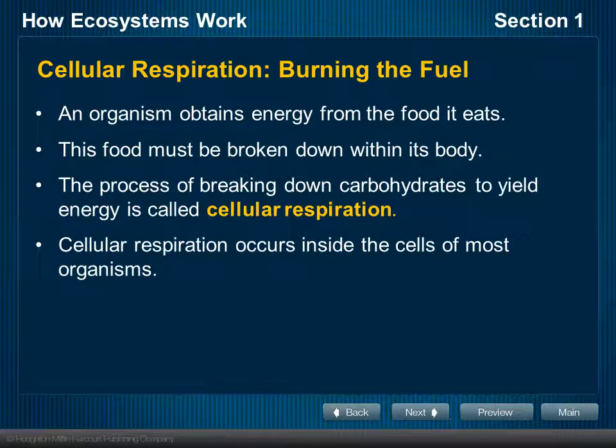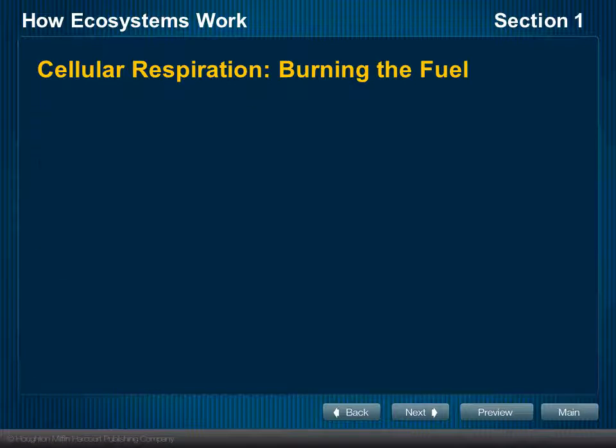Cellular respiration occurs inside the cells of most organisms. So now we're talking about most organisms in a typical ecosystem. They're all going out and eating, or making food. They're getting food one way or the other for a particular purpose, and that purpose is to break that food down to get the energy that the cells need so the cells can do the things that the cells need to do.